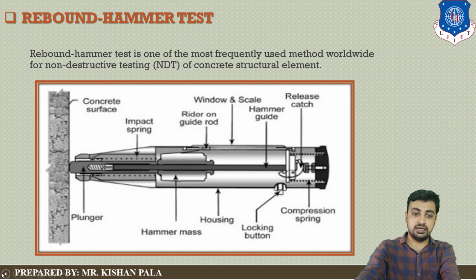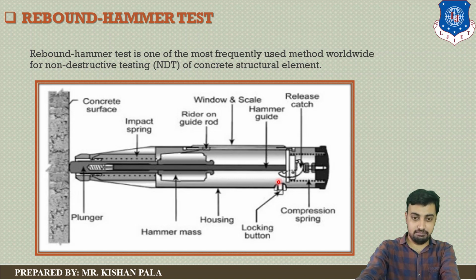Here you can see the hammer mass, the rider on the guide rod and window scale, the hammer guide, and the release catch, and here the compression spring is attached inside the rebound hammer, and the locking button is provided.